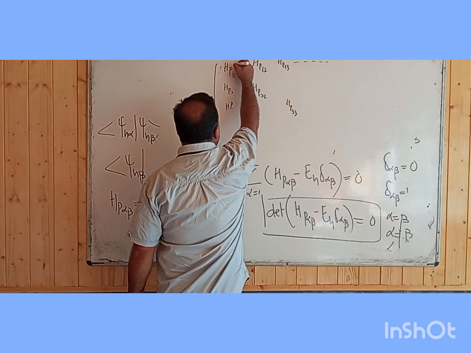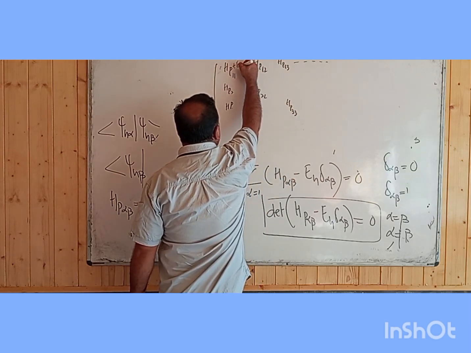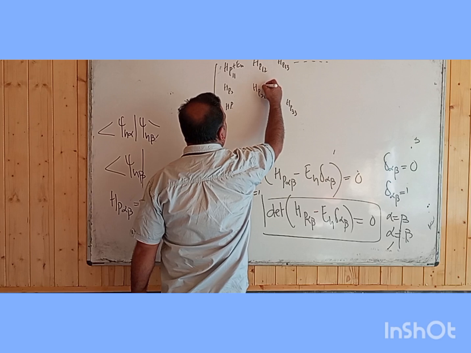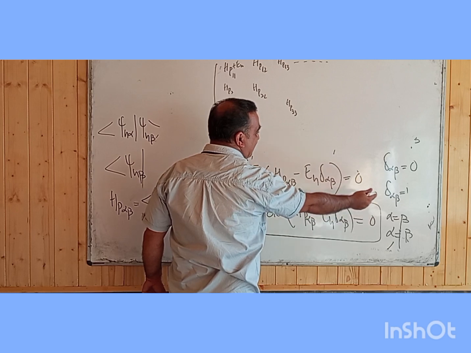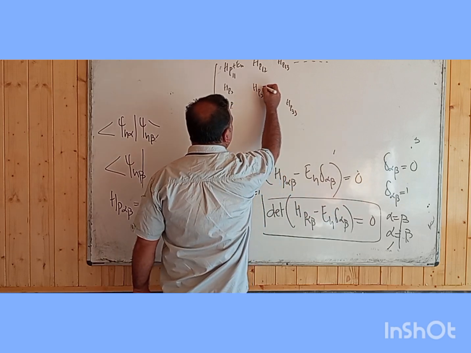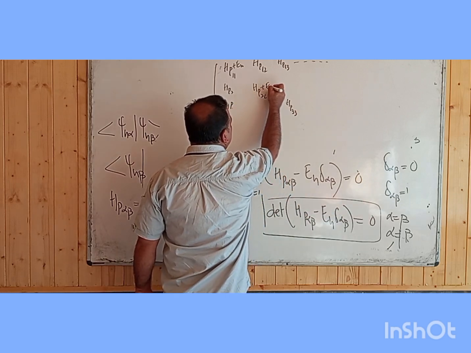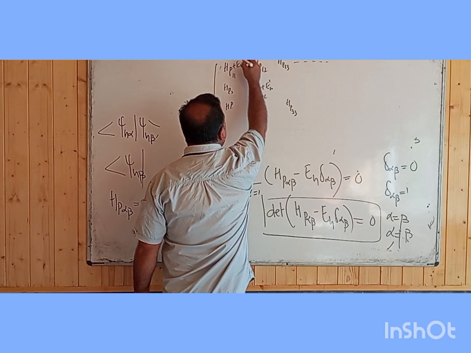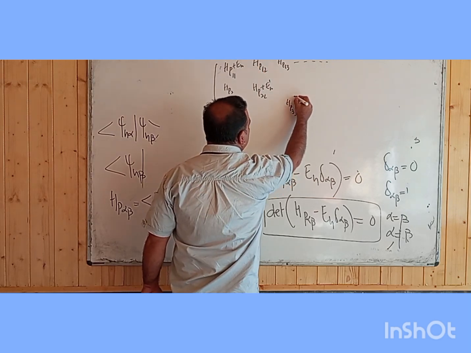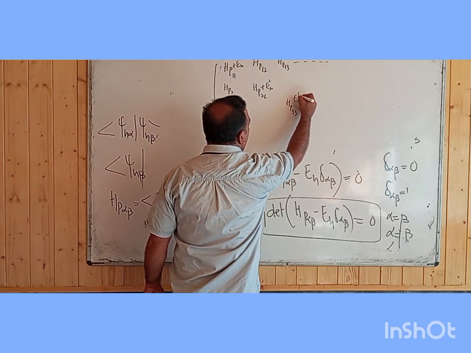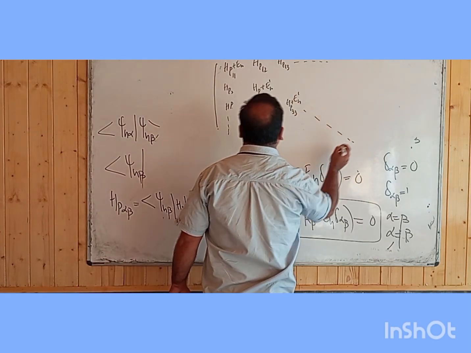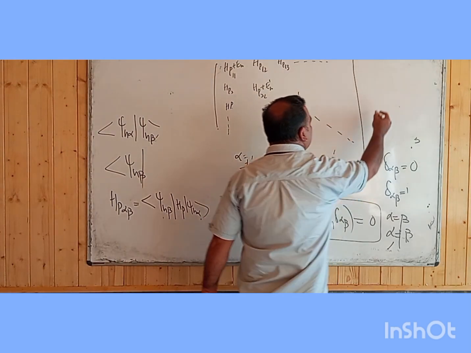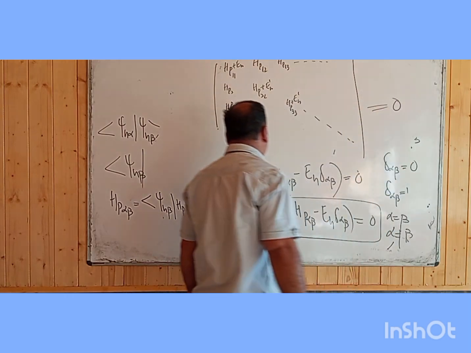But in every case you will have minus En1 for diagonal elements, because for them alpha is equal to beta. Now when alpha equals beta, delta alpha beta will give us 1. So this is HP22 minus En1, HP33 minus En1. So this will go like this, and this will go like this, and this whole determinant will be equal to 0.